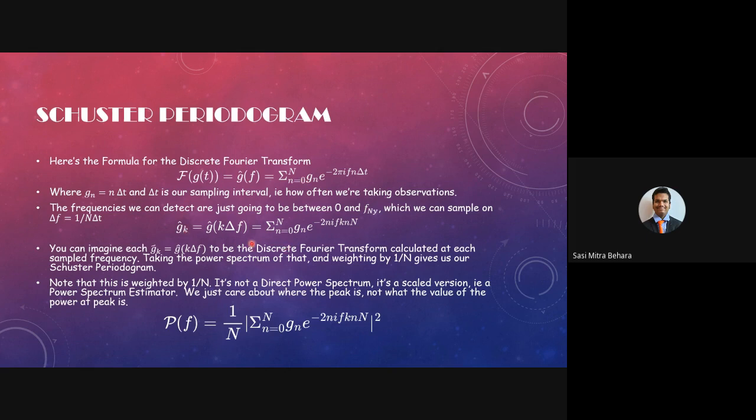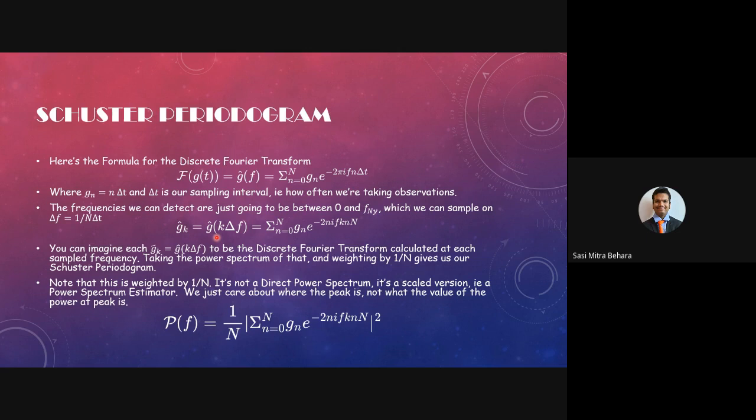The frequencies that you can detect are just going to be between 0 and the Nyquist limit, and we can sample that at delta f equal to 1 by N delta t. N is just the number of observations that you have. Then you can make a simple substitution and get this g hat k, which you can think of as the discrete Fourier transform calculated at each sample frequency. And then you are just taking the power spectrum of that.